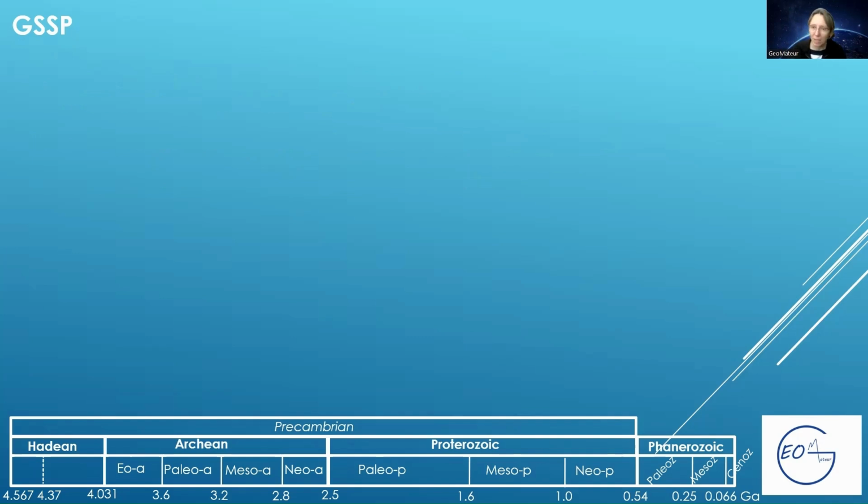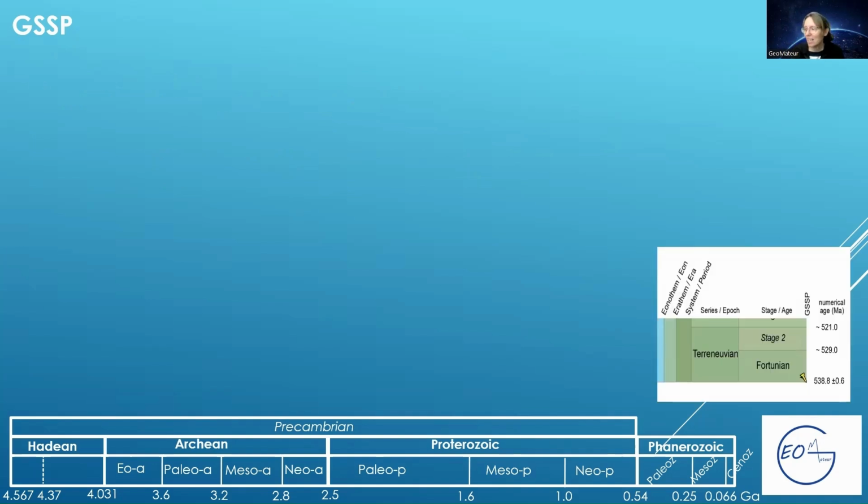This video will be endless, but I chose two GSSPs, very unique and very special. First is the GSSP marking the bottom border of Fortunian stage. So it's the first stage of Terranubian series of Cambrian system.